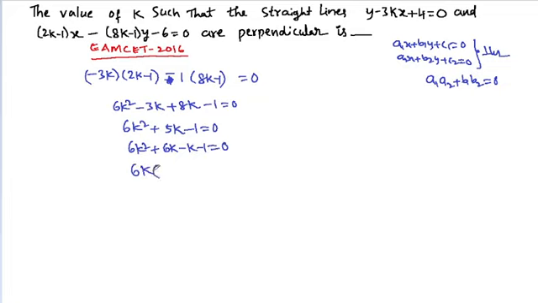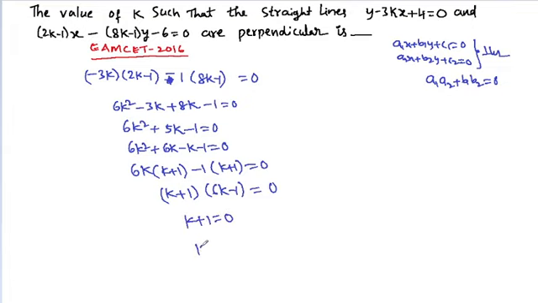Take 6k common, that is k plus 1, minus 1 common, k plus 1 is equal to 0. So from this, (k plus 1) into (6k minus 1) is equal to 0. From this equation, k plus 1 is equal to 0, k is equal to minus 1, and 6k minus 1 is equal to 0, k is equal to 1 by 6. So the values of k are 1 by 6 comma minus 1.